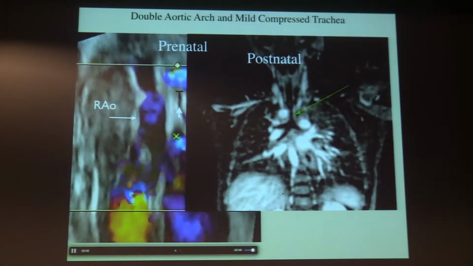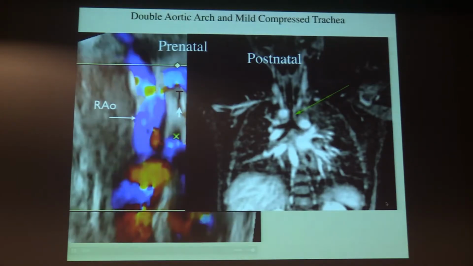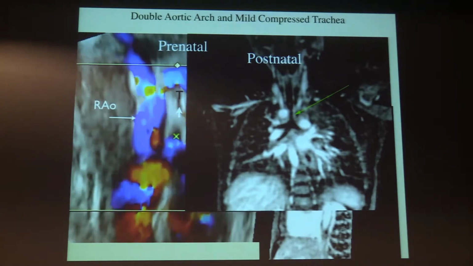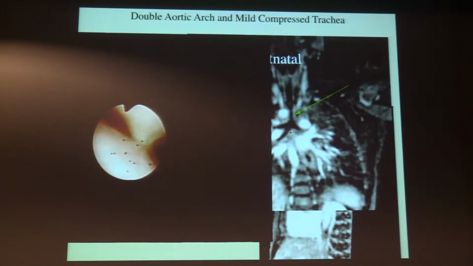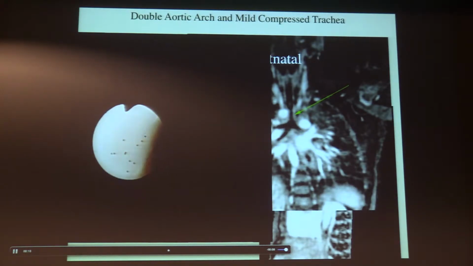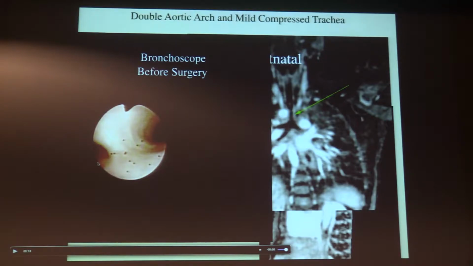This is the prenatal, and this is the postnatal imaging to show you the mild compression of the trachea postnatally. Since most of these cases were from the double aortic arch group, before surgery we perform a bronchoscopy, and you can see what we call the fish mouth appearance. Here you can see the compressed bronchus before surgery.